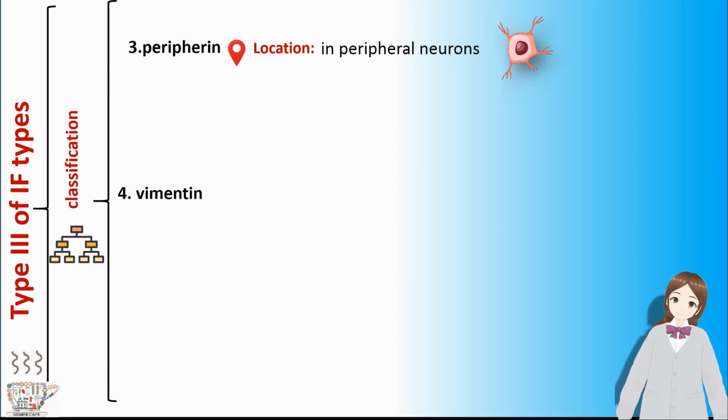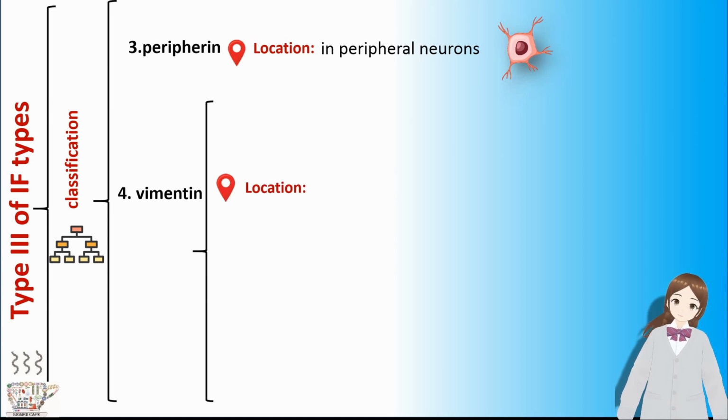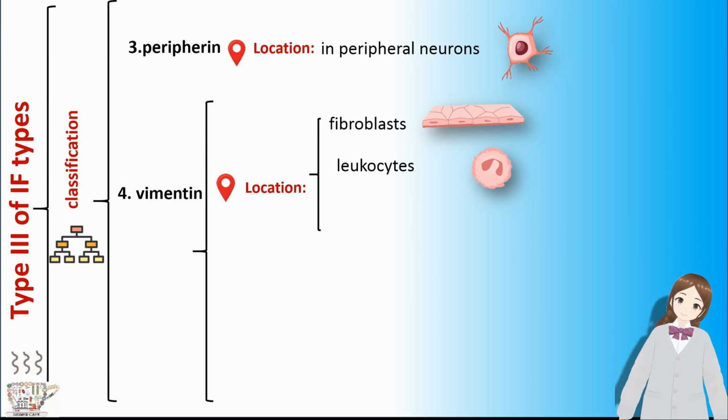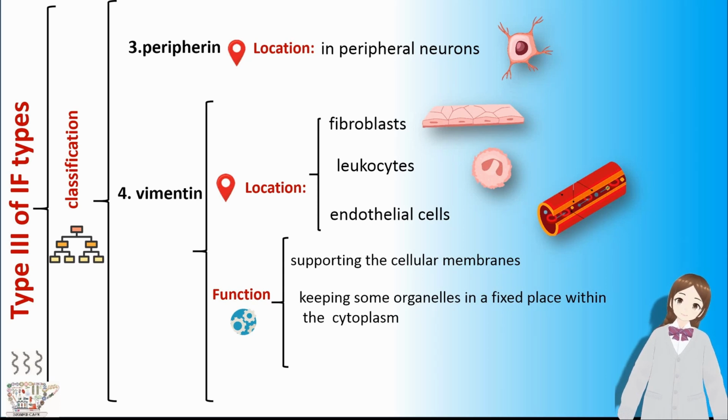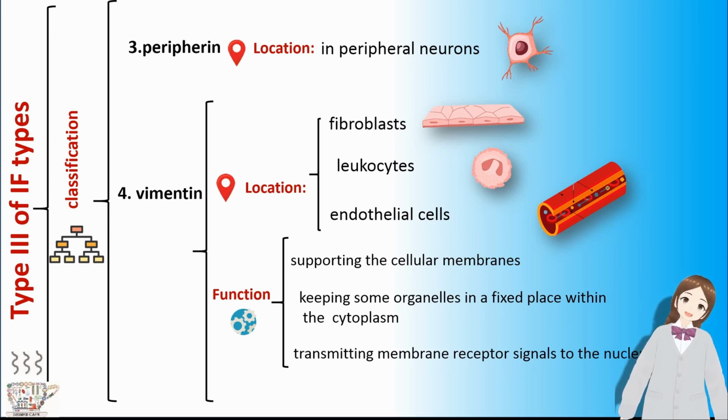And vimentin is located in fibroblasts, in leukocytes, and in endothelial cells. It plays a role in supporting the cellular membranes, in keeping some organelles in a fixed place within the cytoplasm, and in transmitting membrane receptor signals to the nucleus.